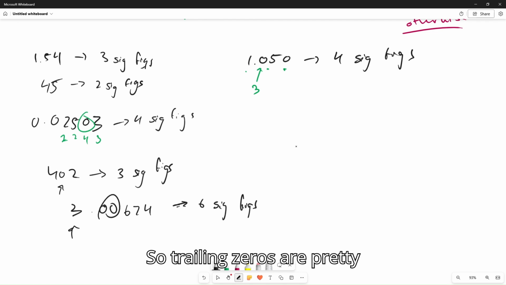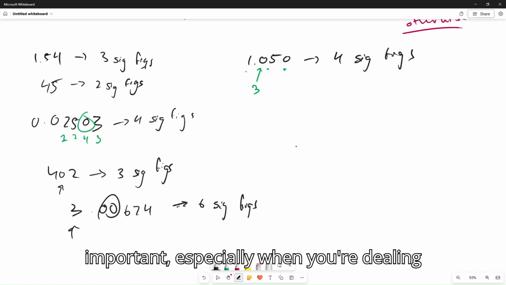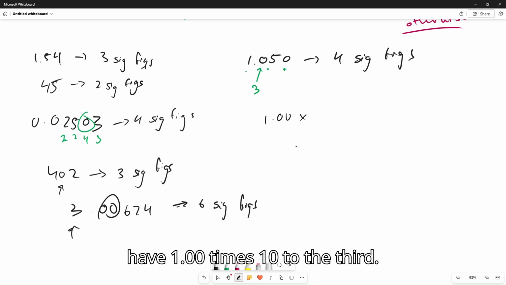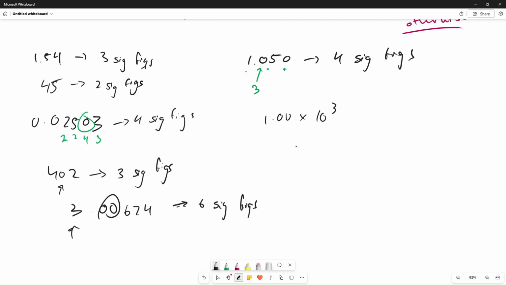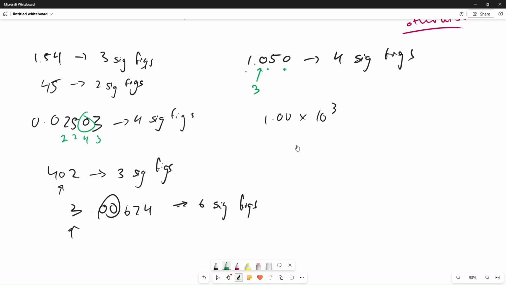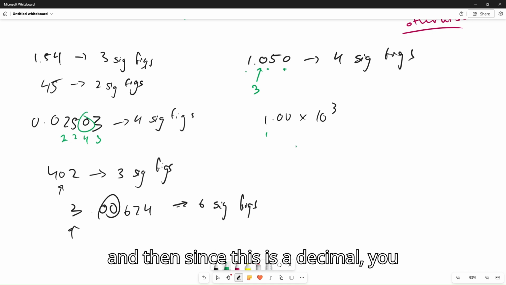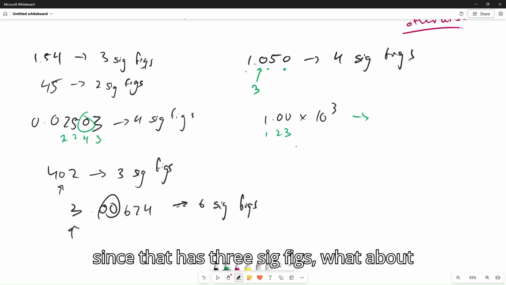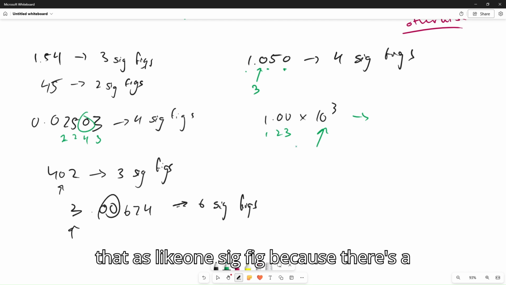So trailing zeros are pretty important, especially when you're dealing with scientific notation. Let's say you have 1.00 times 10 to the third. Well, firstly, we have 2 trailing zeros right here and 1 non-zero digit. So this counts as 1. And then, since this is a decimal, you have 2, 3. But since that has 3 sig figs, what about this 10 to the third? Do we count that as 1 sig fig because there's a 10?